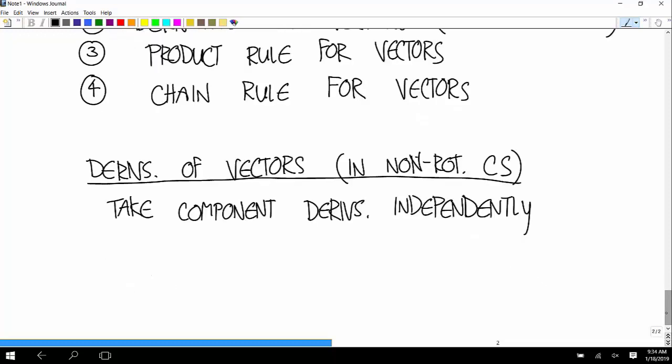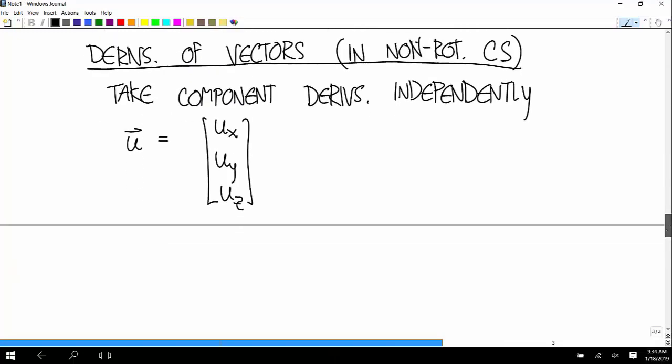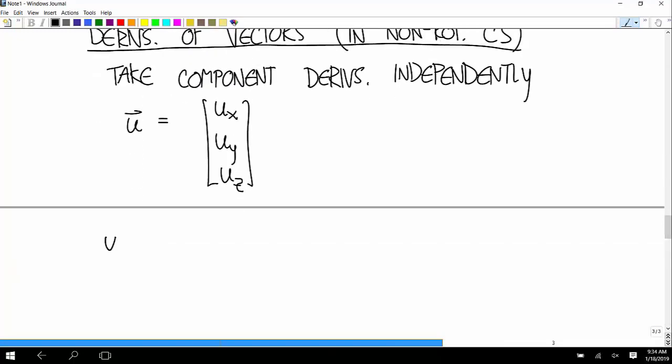Okay, so let's say that we have a vector u whose components are ux, uy, uz. Then to take the derivative of u, that's just the derivative of the x component, derivative of the y component, derivative of the z component.